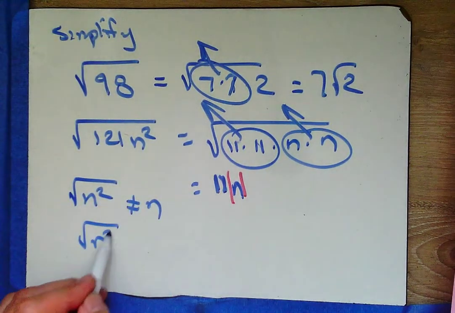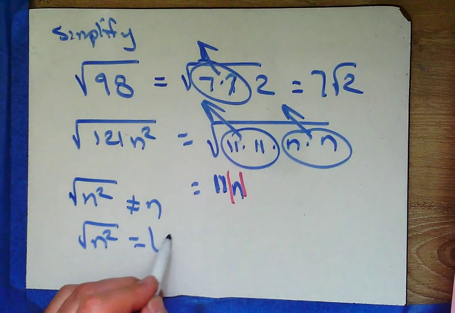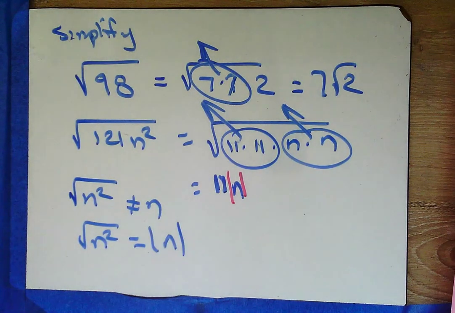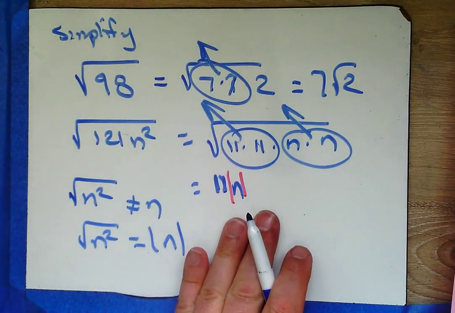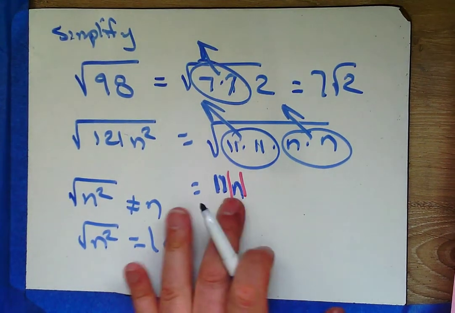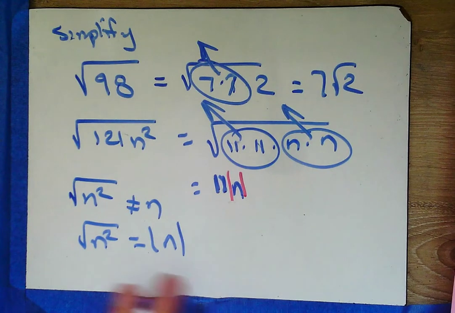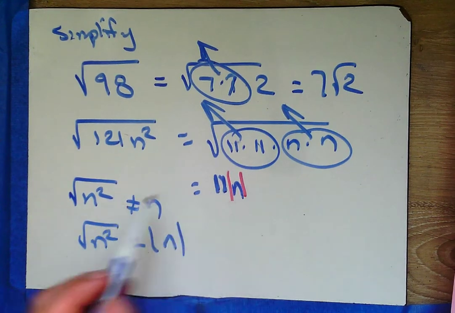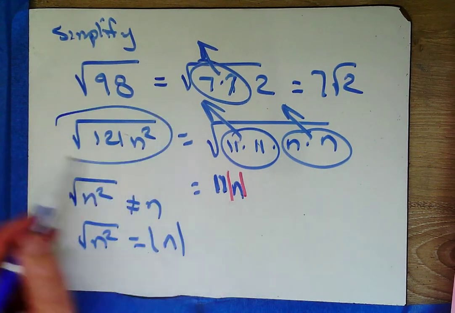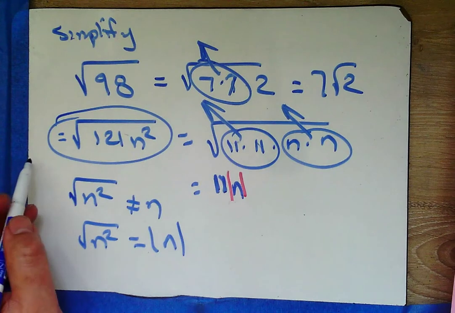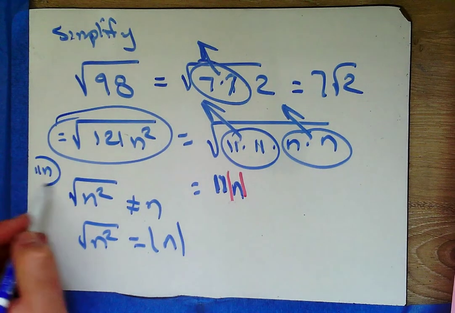The square root of n squared is absolute n. And so those of you moving on to calculus, we'll talk more about this for sure next year, and we'll need to be focusing on those absolute values. But it's still pretty casual in pre-cal. You can get away with saying the simplification of that problem is simply 11n.